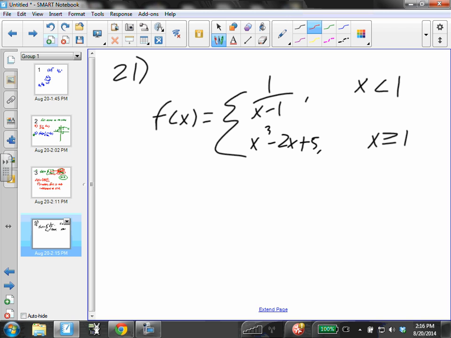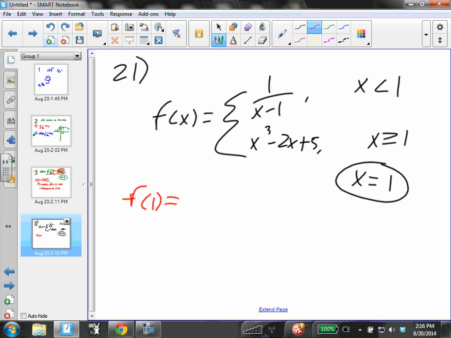Step 1, and let me make sure I specify this again. We're trying to show that this function either does or does not exist at x equals 1. First thing we need to do is actually find f of 1, right? Very good.